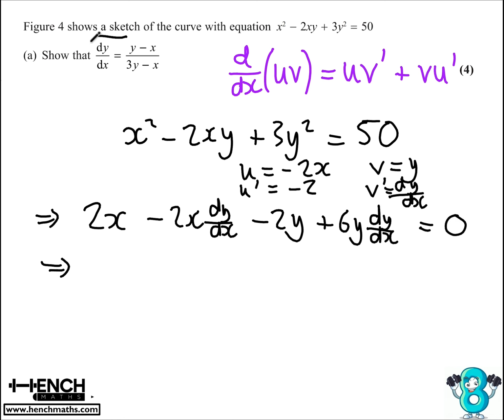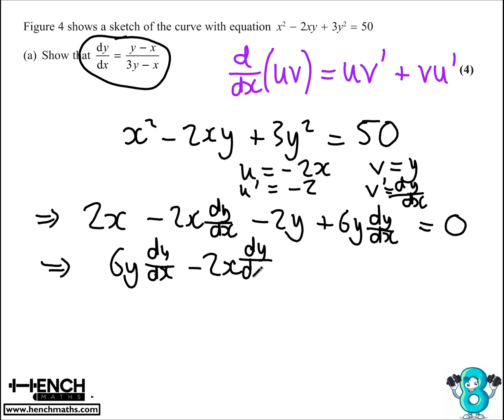Now I'm looking up here. We're trying to get 3y minus x on our denominator here. So I'm going to keep the 6y dy by dx, subtract 2x dy by dx over on the left hand side, and I'm going to move over the 2y and subtract 2x to the other side.